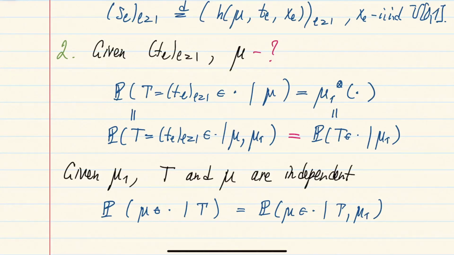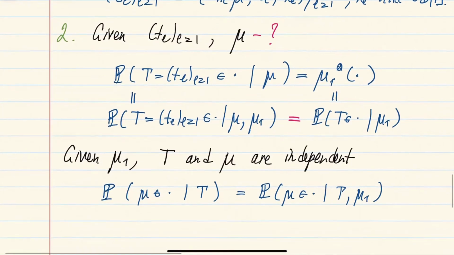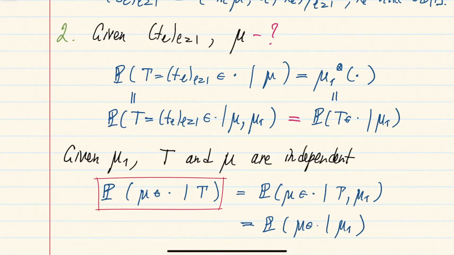But we know that given mu1, t and mu are independent. So on this right hand side, we can now erase t in the condition. And so what this tells us is that conditional distribution of mu given t depends on the sequence t only through the measure mu1.